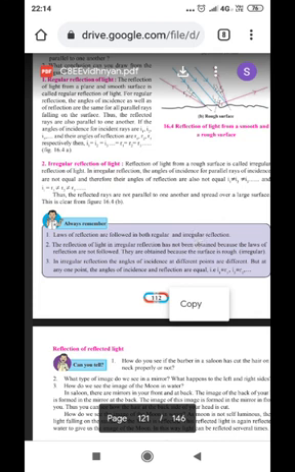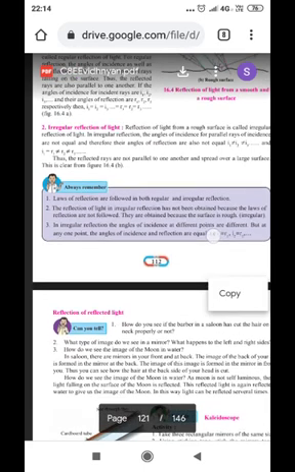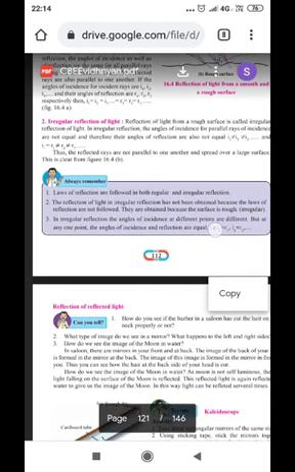If the angles of incidence for the incident rays are I1, I2, I3, and the angles of reflection are R1, R2, R3 respectively, then I1 equals I2 equals I3, which is equivalent to R1 equals R2 equals R3. Refer to figure 16.4a.